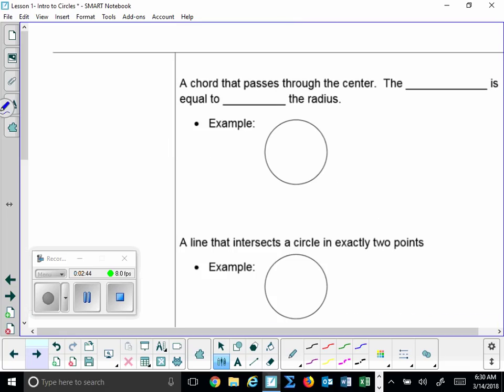Next up, if we have a chord that specifically goes through the center of the circle, we're talking about a diameter. So through the center, still going to call that center C. Let's call these endpoints A and B. The diameter is equal to twice the radius, right?